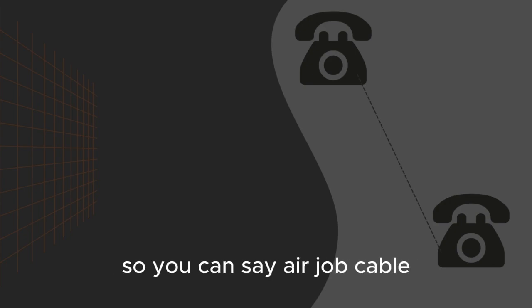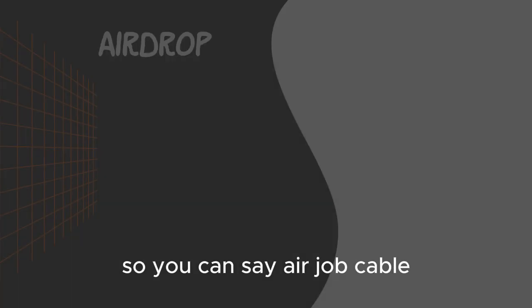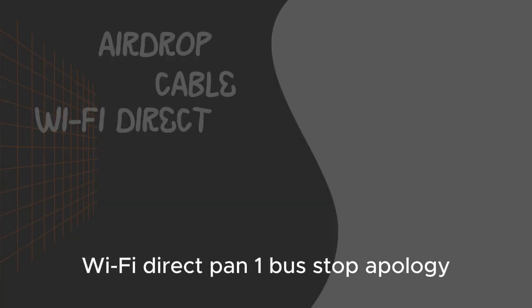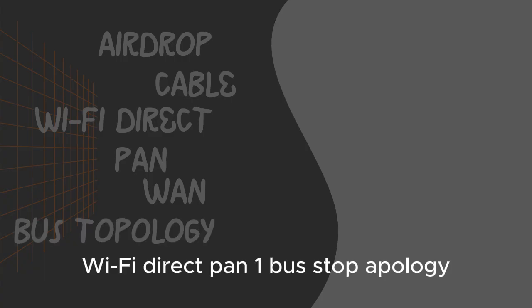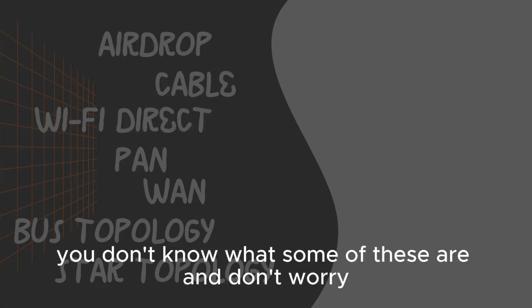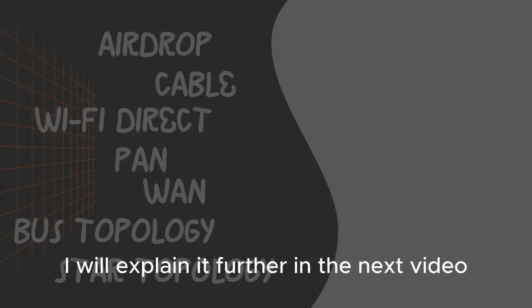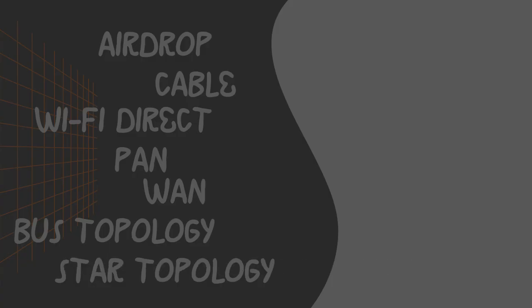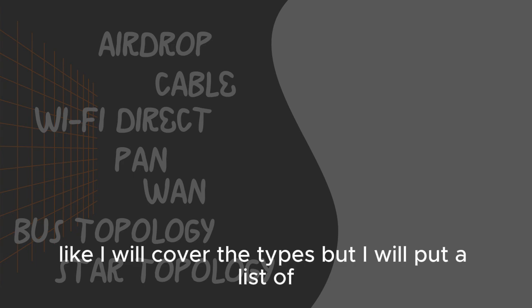So you can say AirDrop, cable, Wi-Fi Direct, PAN, WAN, bus topology, star topology. And I know you don't know what some of these are, and don't worry, I will explain it further in the next video. I will cover the types.